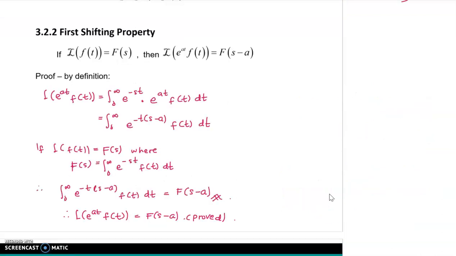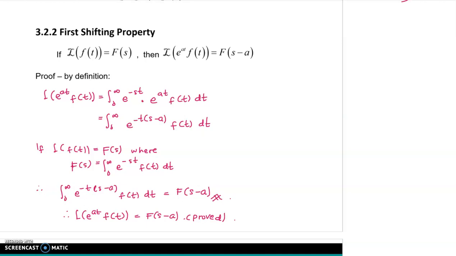Cannot be. Let's see the second property, which is the first shifting property. This is very, very important. But you don't really need to memorize the name of the property. What's important is that you need to know how it works.